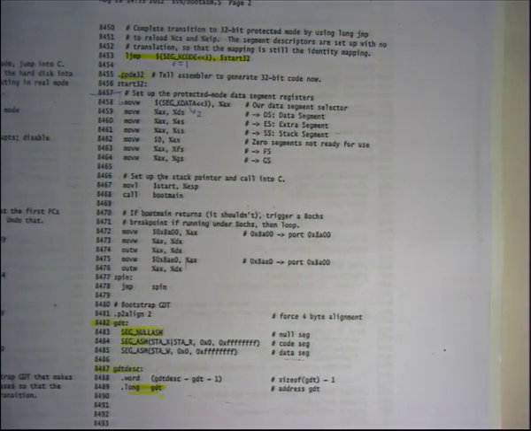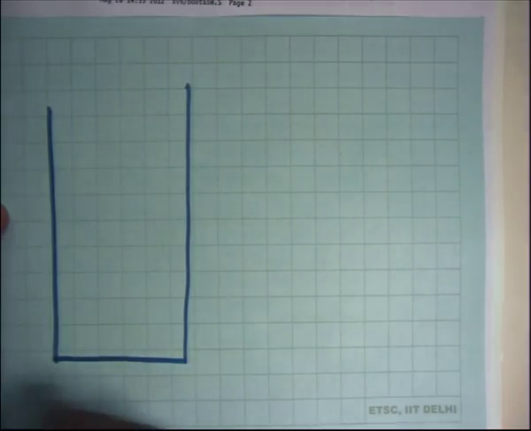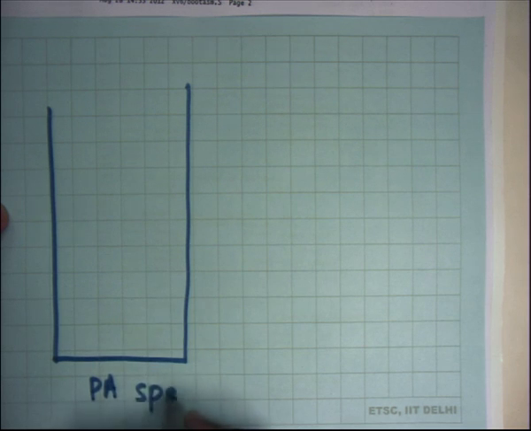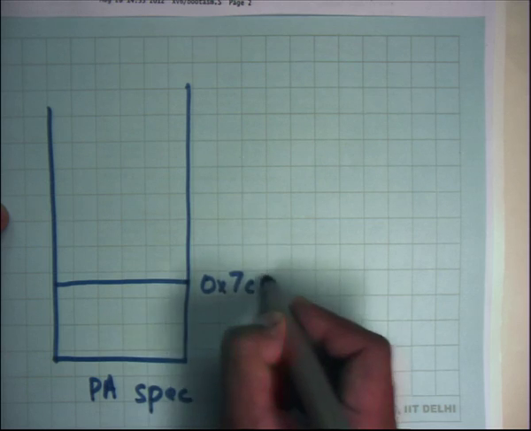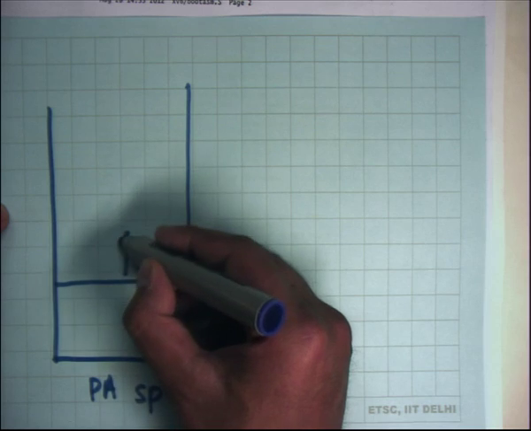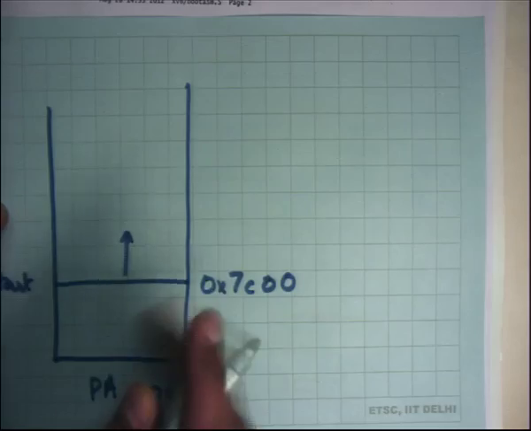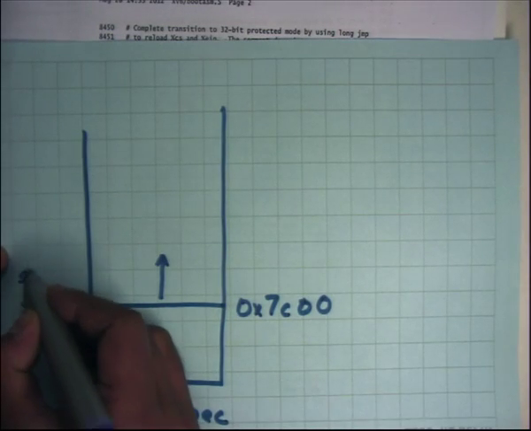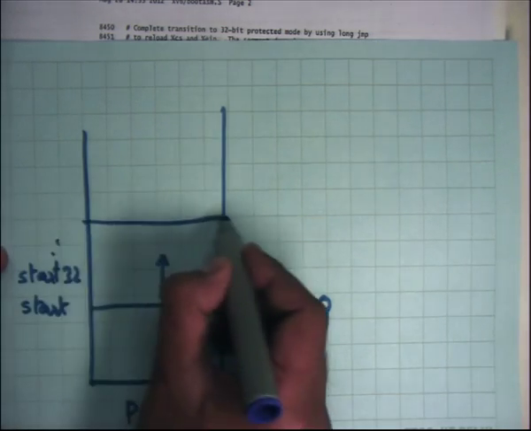What I am really doing is initializing my stack. Let's say this is my PA space, and let's say this is 0x7c00. All this code that we are looking at is actually living in this area. So this is start, and somewhere here is start32, and up to 512 bytes.